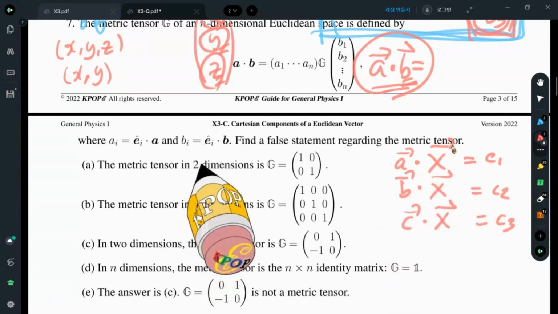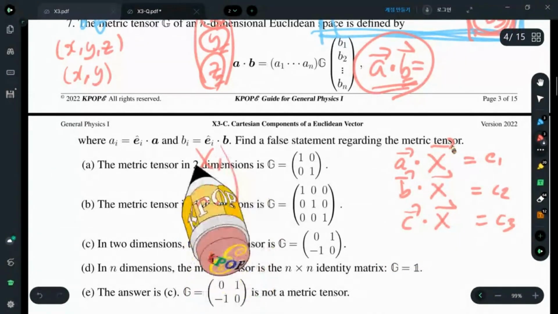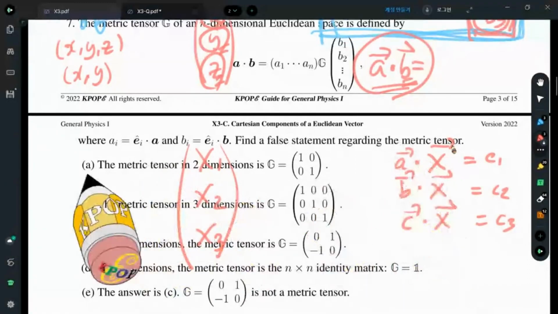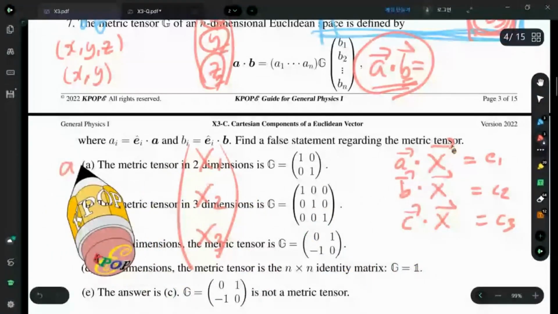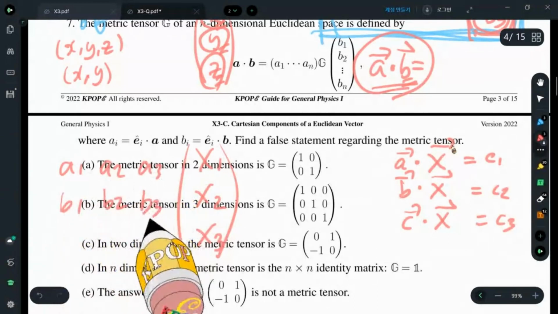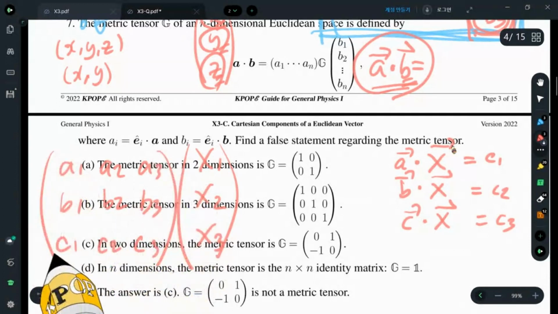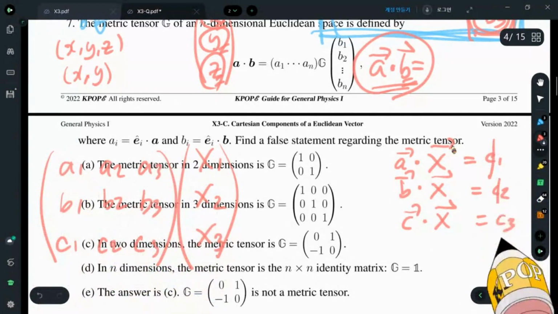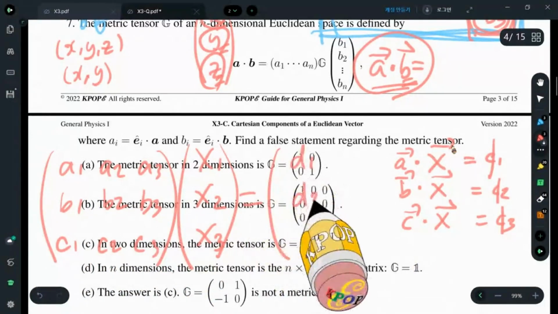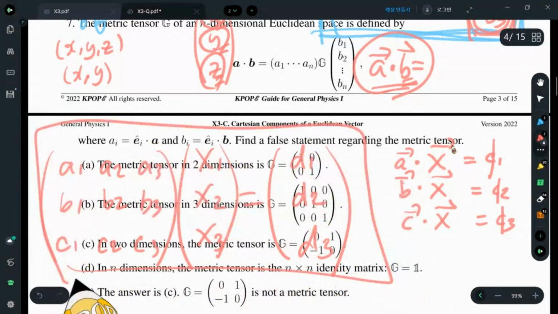Then I can write x1, x2, x3 as a column, and this one a1, a2, a3, b1, b2, b3, c1, c2, c3. Let me write d1, d2, d3. This is a matrix equation.